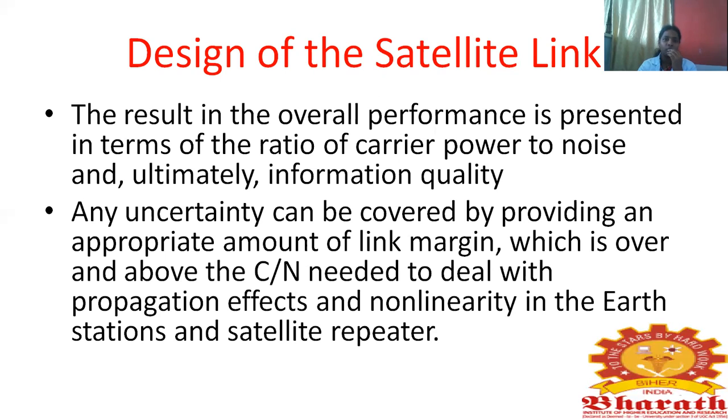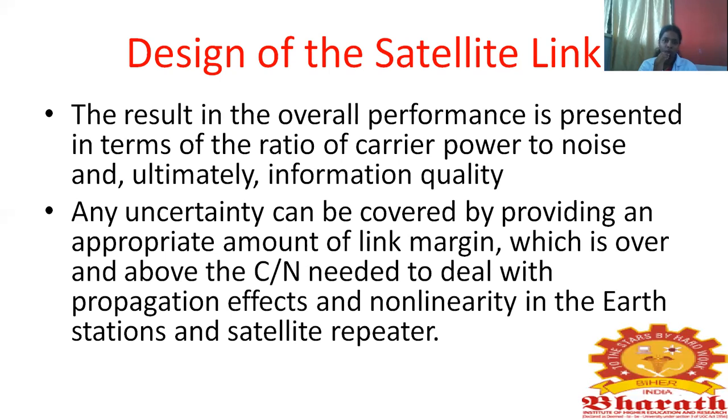Okay, so the performance is identified with the ratio of the carrier power to noise. The carrier power you're going to represent as C, and the noise as N. So if it is the ratio, you're going to represent it by C by N, right?